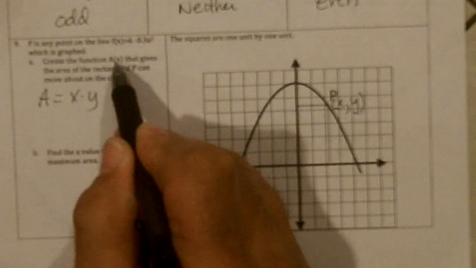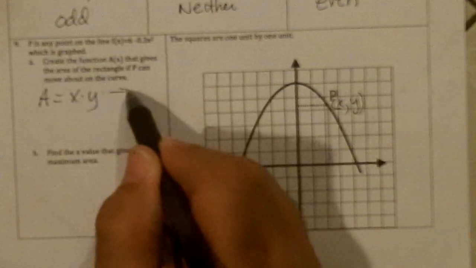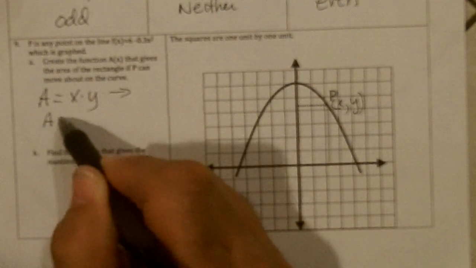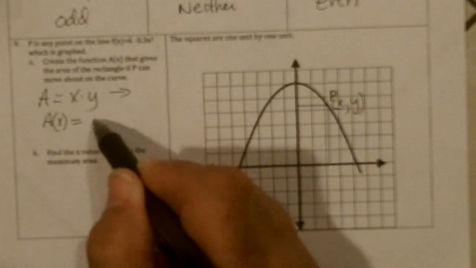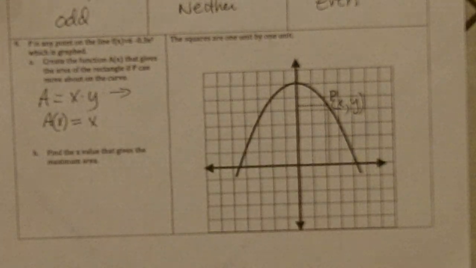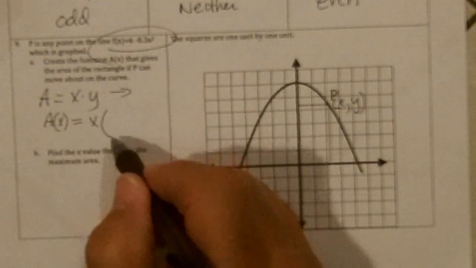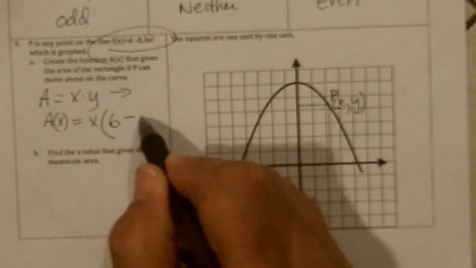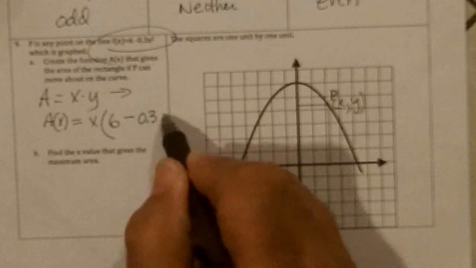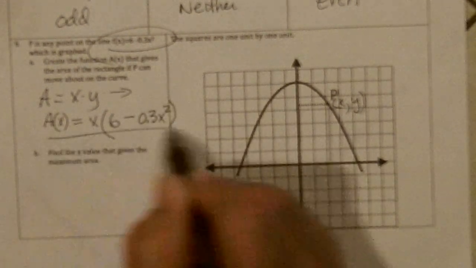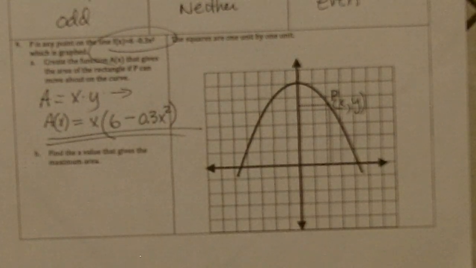But that's not a function of x. So if I want to make this a function of x, then I can have an x in it, but I got to get the y to be a function of x. Well, right here it says that y is 6 minus 0.3x squared. So there is my function.